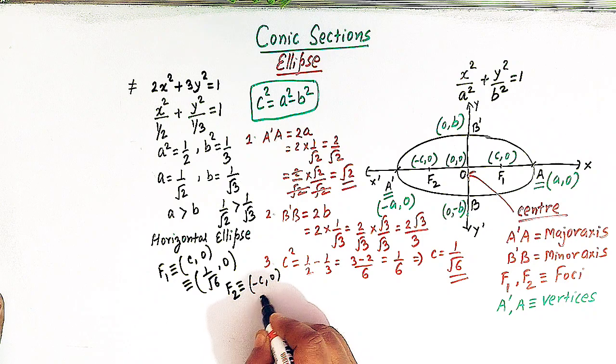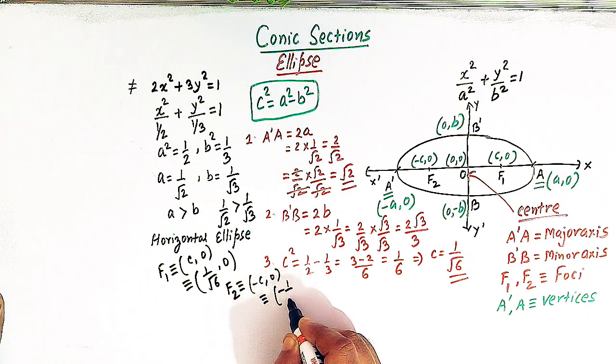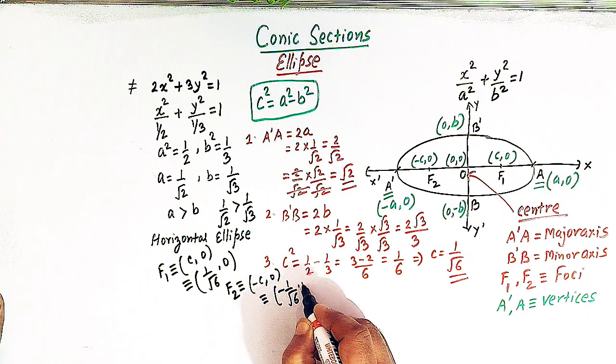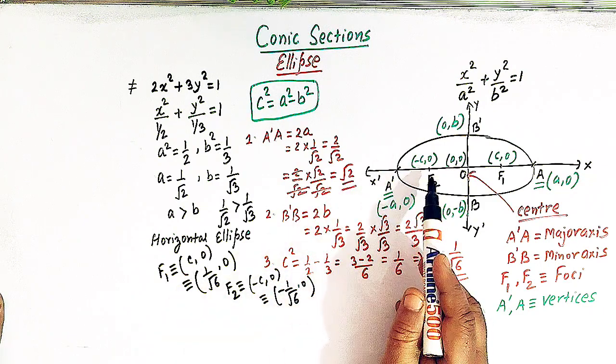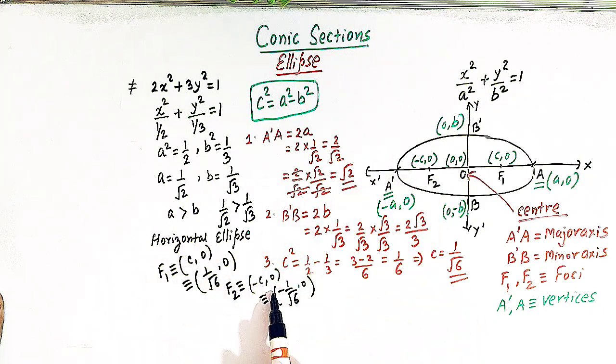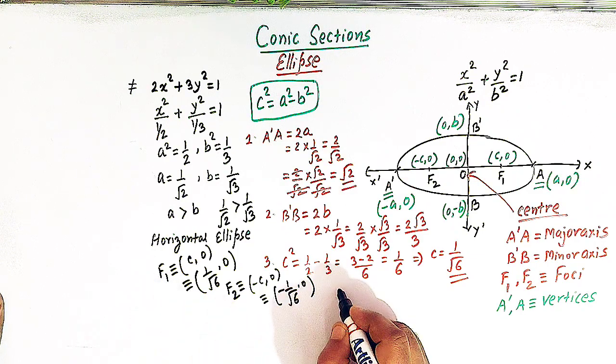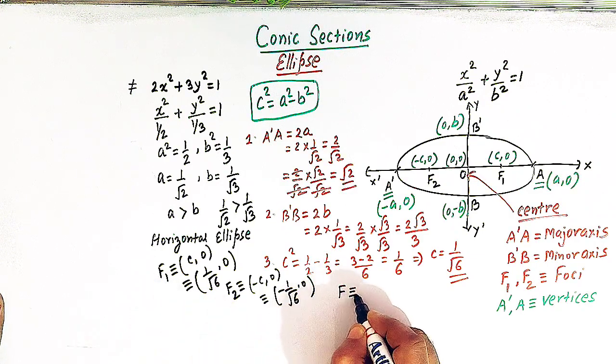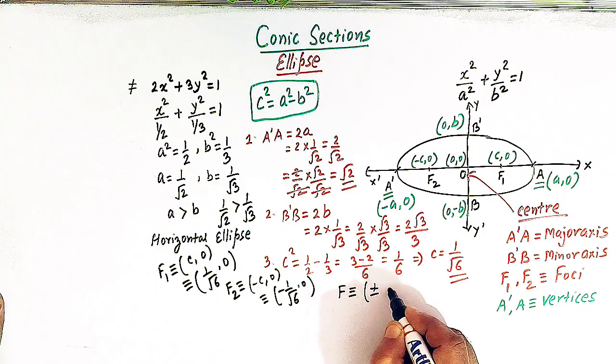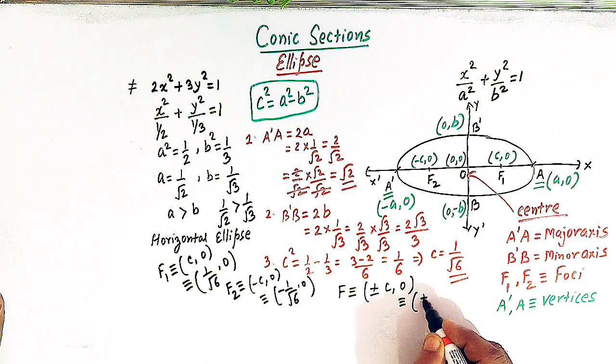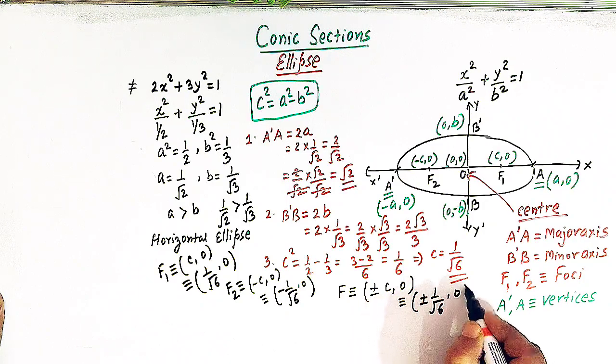So here we have minus 1 over square root of 6 comma 0, right? So if we combine both these foci, that is F1 and F2, then the focus is given by plus minus c comma 0. So we have here plus minus 1 over square root of 6 comma 0.